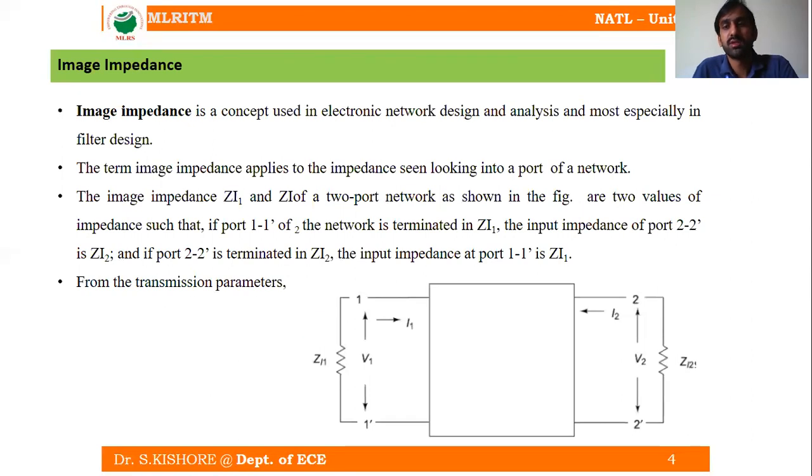So coming to the image impedance of a two-port network. The significance of the image impedance parameters is in characterizing the transmission lines. In particular, these image impedances or characteristic impedances play a key role in the design of filters.